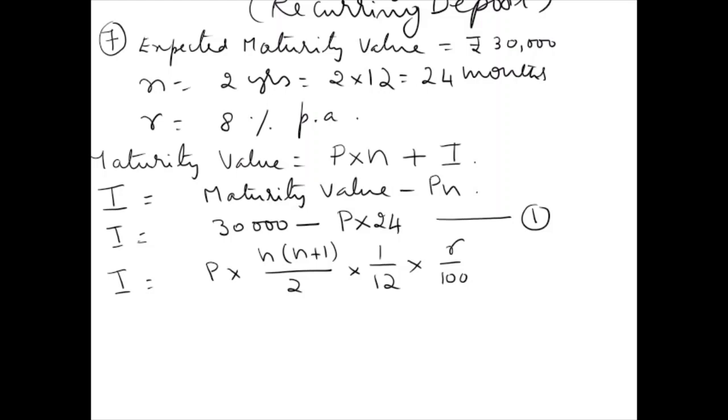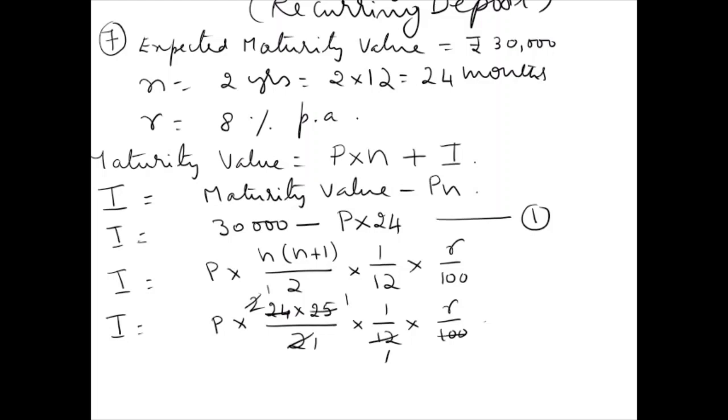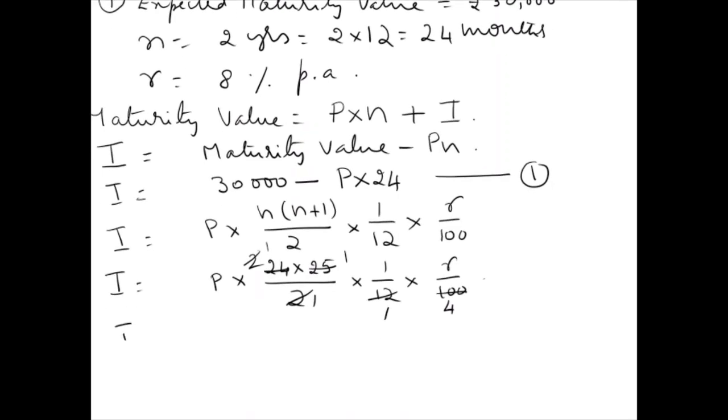Now we are finding I using the other formula. So I is equal to P into n, which is 24, into n plus 1, which is 25, upon 2 into 1 upon 12 into R upon 100. Let us simplify. 12 ones are 12, 12 twos are 24, 2 ones are 2, 25 ones are 25, 25 fours are 100.